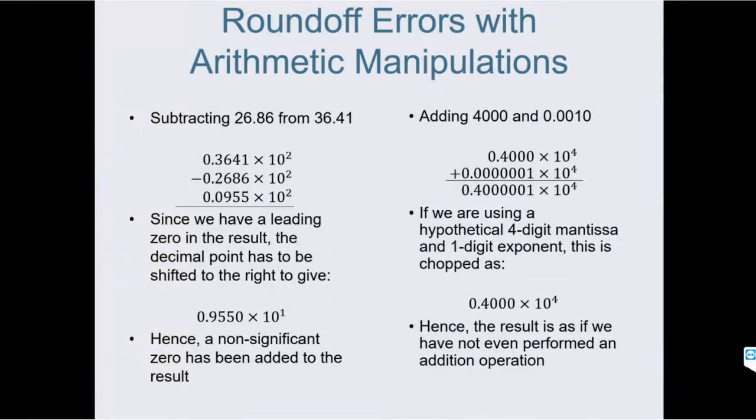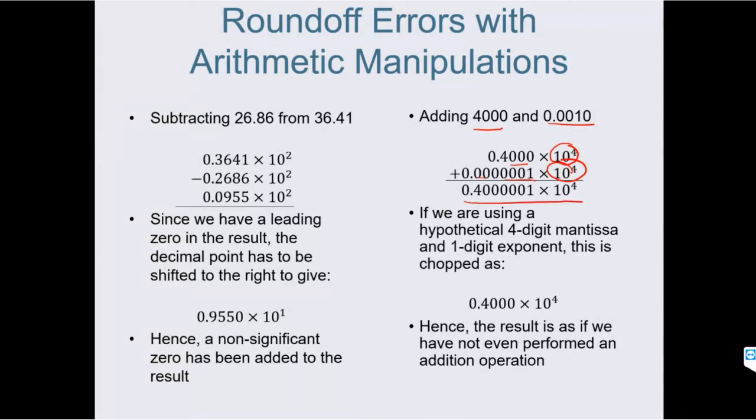Now, if you add 4,000 with 0.001, then it has to bring them both to the same exponent if it wants to add them. So 0.4 times 10 to the power 4, and this becomes 0.0000001. It adds and you get this value.